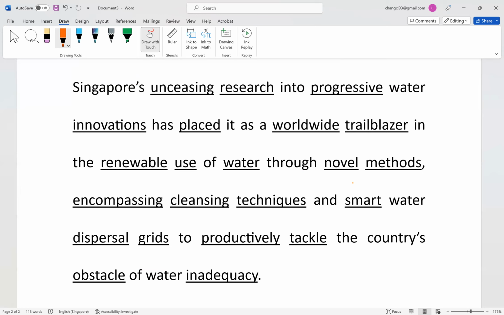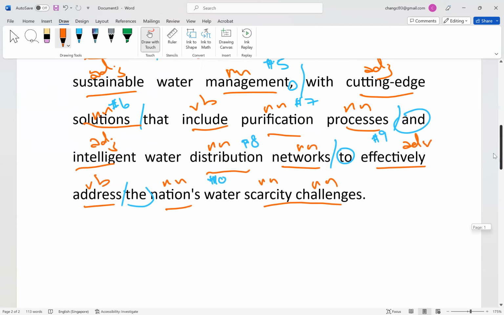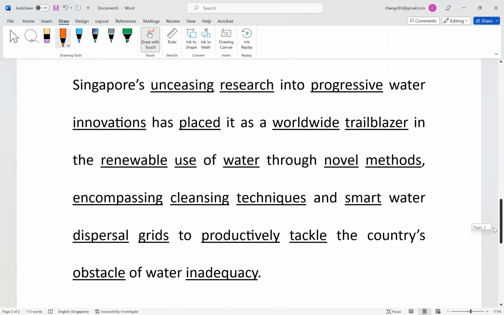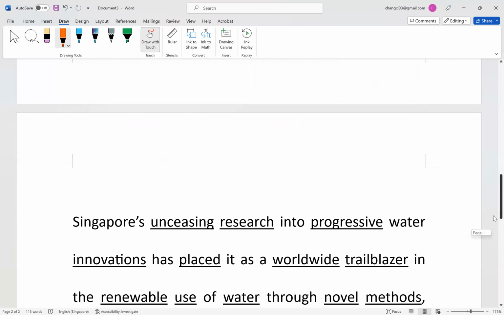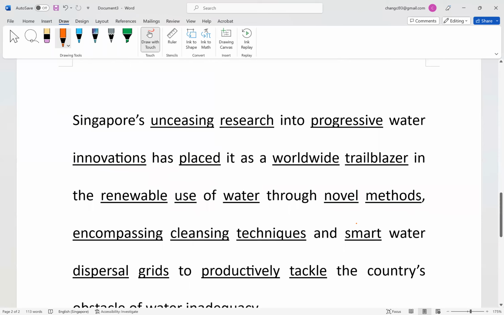All right. That include, encompassing purification processes, cleansing techniques, because we are literally cleaning the water, right, through reverse osmosis and all that. And intelligent, smart. So just want to be clear, smart and intelligent at their root, they can mean different things, but most of the time, they have similar meanings in context.